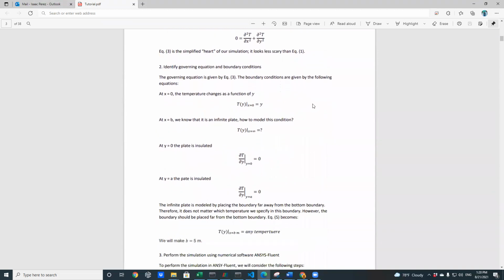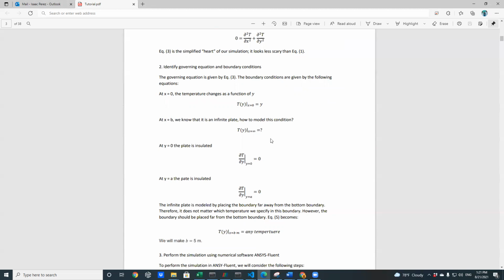Now, let's go to the second step. Identify governing equations and boundary conditions. The governing equation is given by equation 3. The boundary conditions are given by the following equations. Okay, at x equals 0, the temperature changes as a function of y, that is the temperature of the plate.